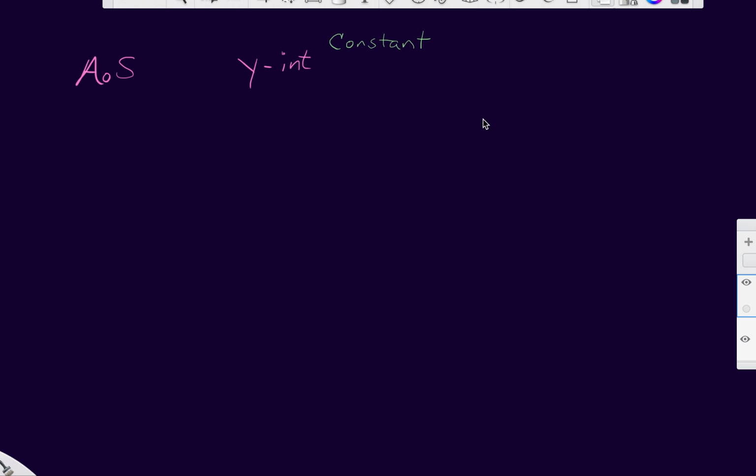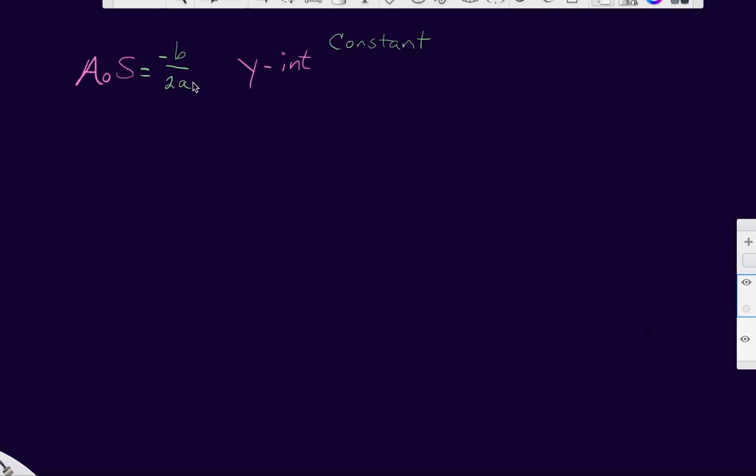It's usually our whole number added or subtracted at the end. And our axis of symmetry, we'll remember that formula is negative b over 2a. I think I give it to you later on in the test. You can have that written down somewhere. I said I would allow you guys to have notes or a note page.